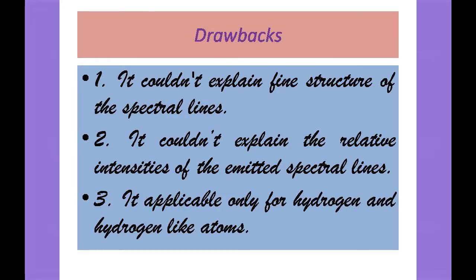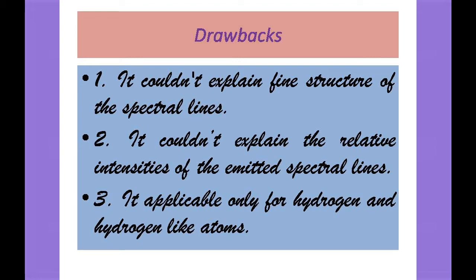So it is not only one line, it consists of a number of lines. This is called the fine structure of the spectral lines, but Bohr's theory could not explain it. The second drawback is that it failed to explain the relative intensities of the emitted spectral lines.